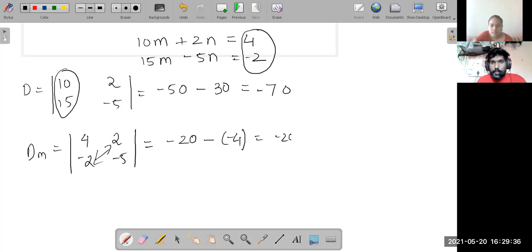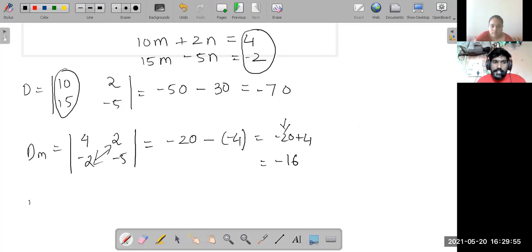So you have minus 20 plus 4, you do subtraction, so 20 minus 4 is 16. Then you put the sign of the greater number, which is minus, so it becomes minus 16.